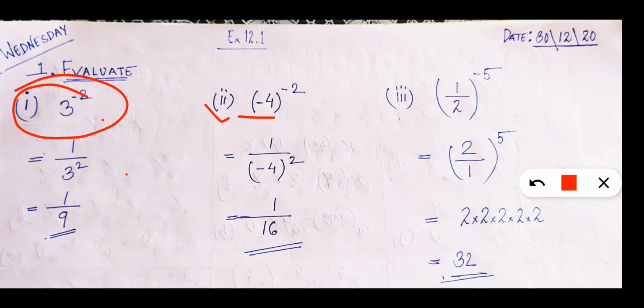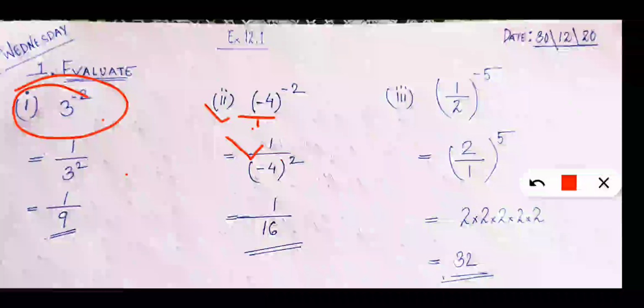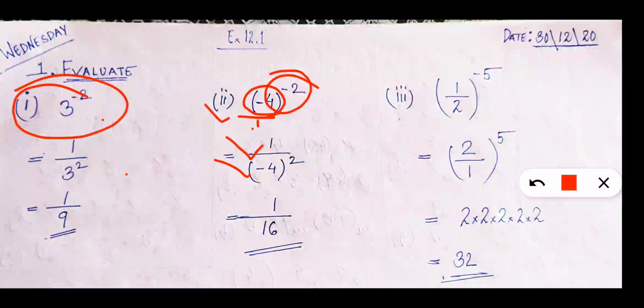Nothing is there in the denominator means 1. Now let us interchange the places of numerator with the denominator. 1 will go up, and this minus 4 will come down, and this inverse square will become square because the places of numerator and denominator are changed.